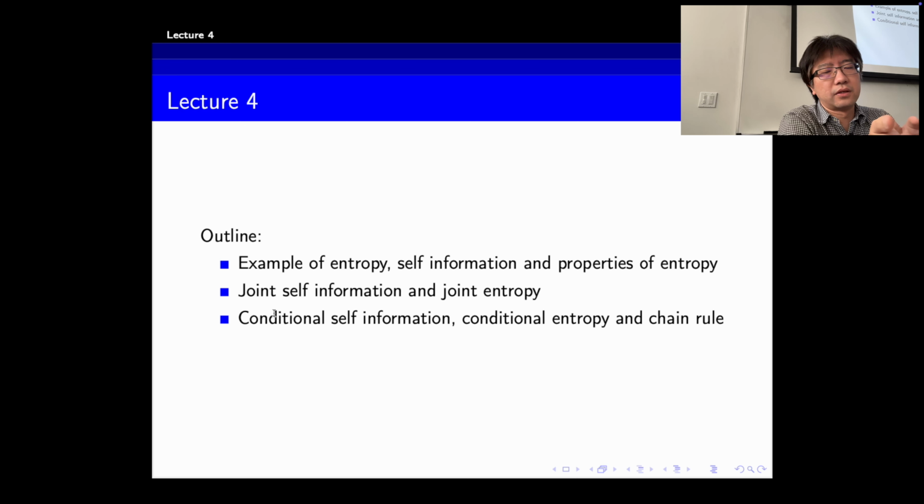In particular, we talked about two random variables. Because these two random variables can be correlated, or dependent on each other, we introduced the concept of conditional self-information and conditional entropy. We didn't talk about the chain rule yet, but we're going to talk about that today.